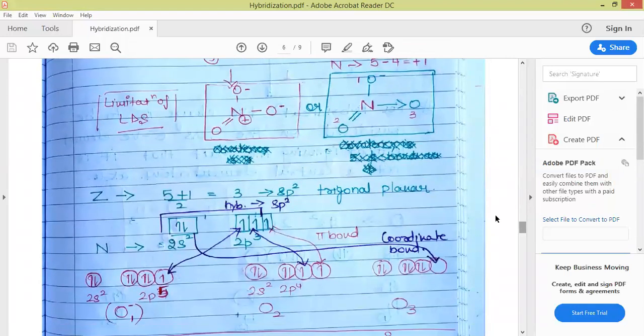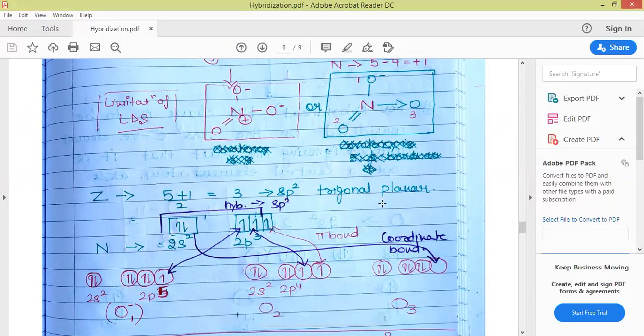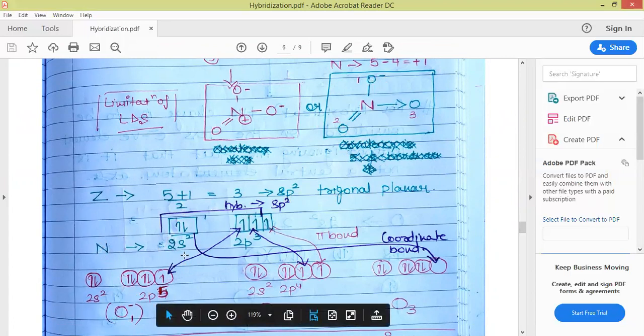So based upon this, only 1 oxygen is there which is having negative charge, 2 oxygens are neutral. Here I have numbered all the oxygens. Oxygen 1 is charged. It has already gained. It is having the electronic configuration of 2s2 2p5. First we'll see the hybridization. Z comes out to be 3, which means sp2 hybridization. That means trigonal planar. Nitrogen is having the ground state electronic configuration of 2s2 2p3.